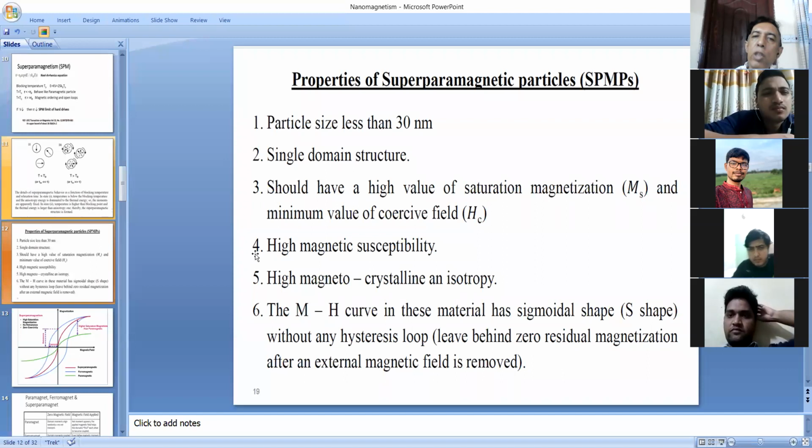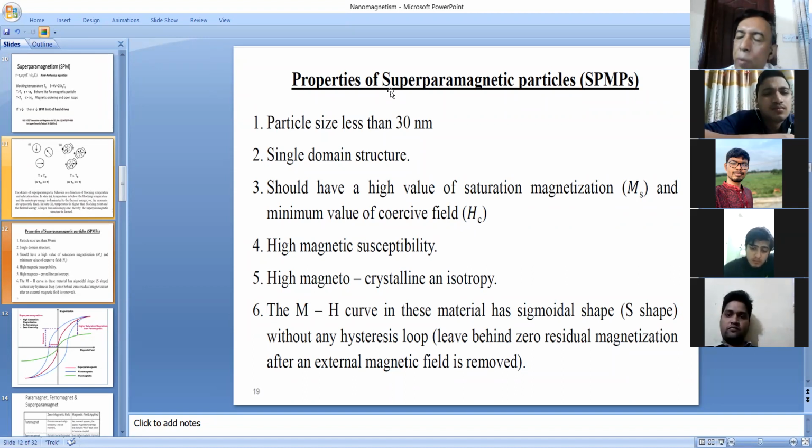Superparamagnetic particles have high magnetic susceptibility. Because it has high magnetic susceptibility, that's why the term super is used. In a paramagnetic substance, the magnetic susceptibility is not high. It has a very low magnetic susceptibility.